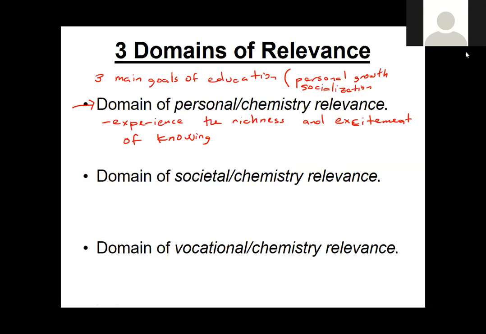The goal of socialization is focused on preparing students to become responsible citizens through learning and accepting social rules, and acquiring skills that are required for fruitful interactions with other people in society. Now, there is a domain of relevance for that in chemistry. So the domain of the societal or chemistry relevance. Okay?